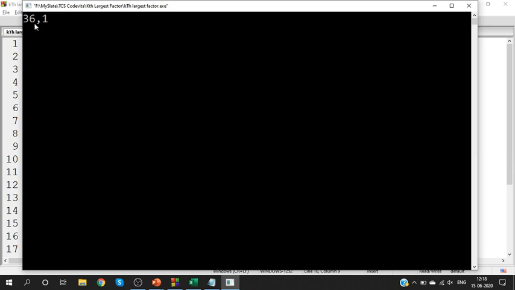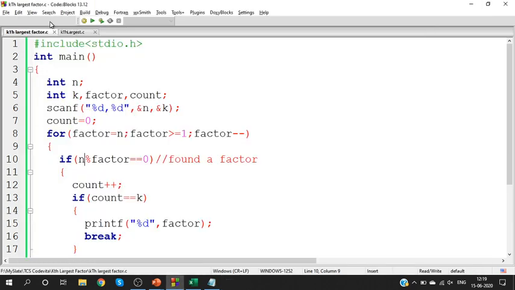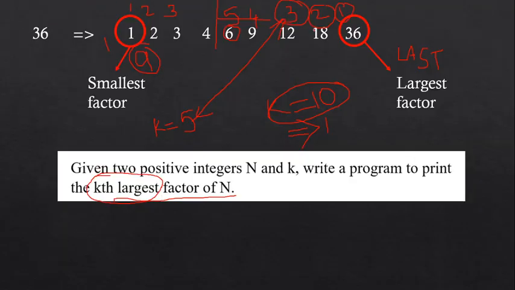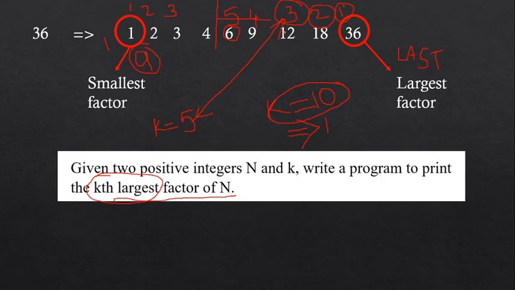Separate them by comma. First largest factor of 36. What is the first largest factor? 36 itself. Okay. Now, for the same 36, third largest. Look at the values. For 36, the third largest is 12. Let's see whether the output is 12. Which is right. Yes.